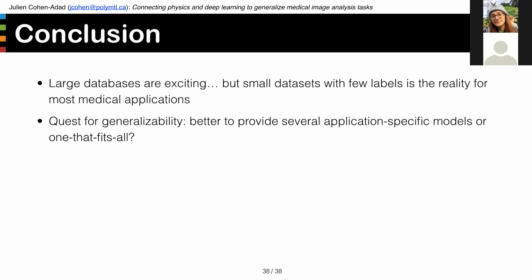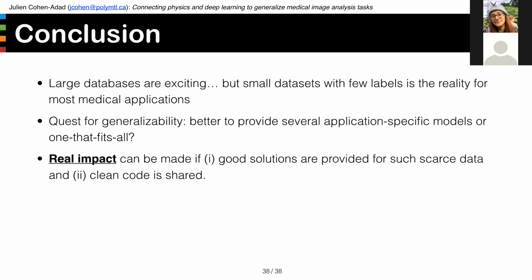The ultimate perfect model for MRI that we are still trying to get, and the more personalized models for histology. So I think in the field of medical imaging, real impact can be made if good solutions are provided for such scarce data, and code is shared, well documented, and maintained.